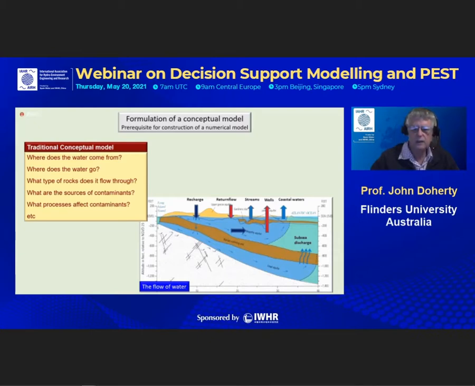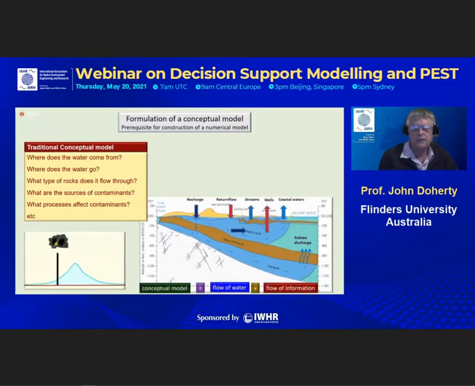Well, that's okay. We can't dispense with the conceptual geological model, but I'd suggest that just as important in the conceptual model on which the numerical model rests must be the flow of information. And if that isn't in the front of our minds when we build a decision support model, we're not going to build it properly.